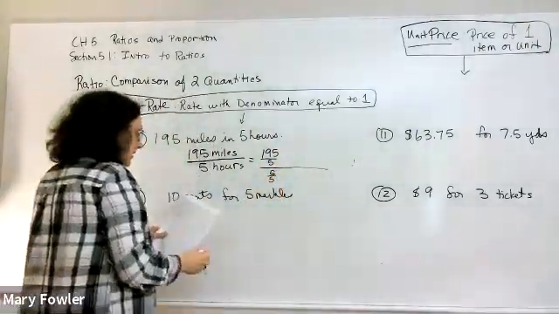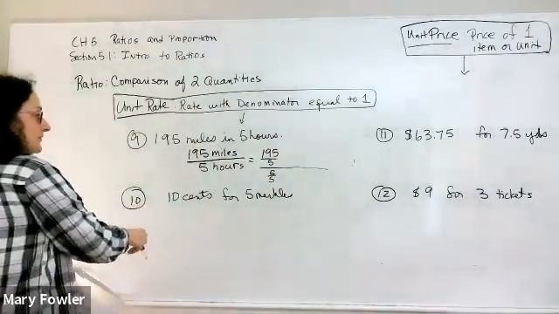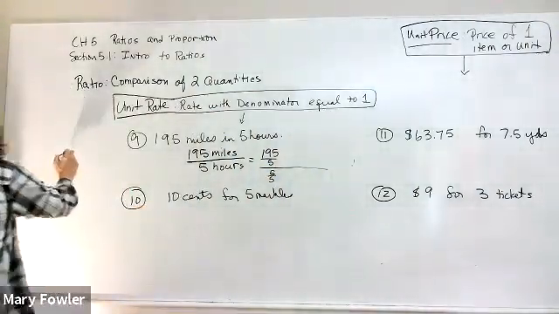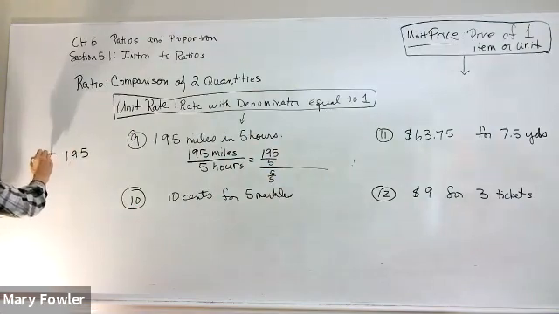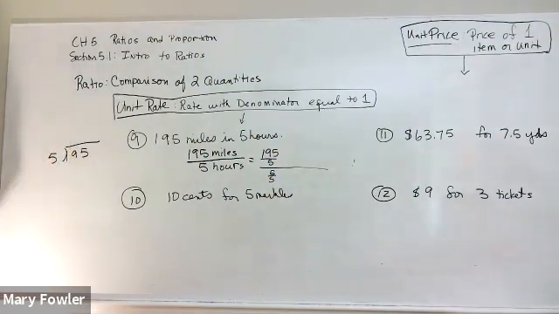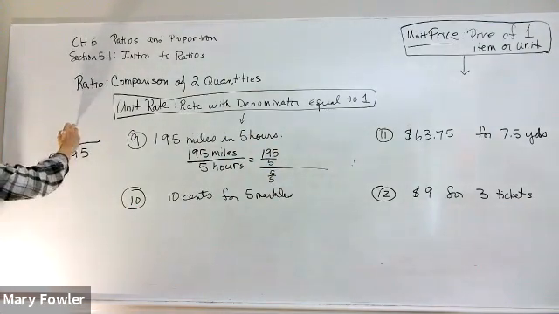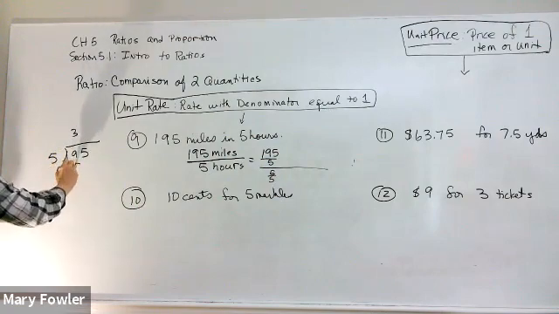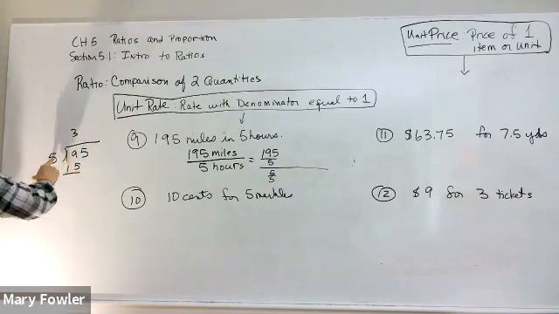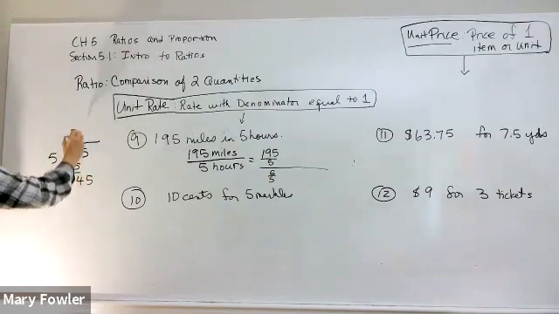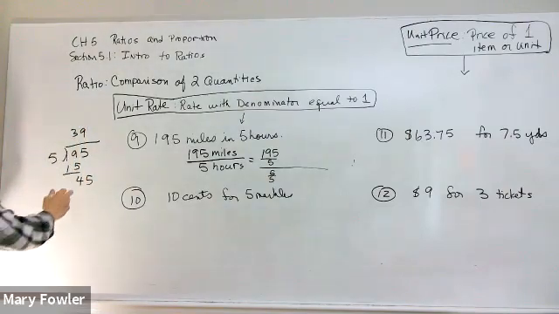So 195 divided by 5, just working through this, it's 39. Okay.